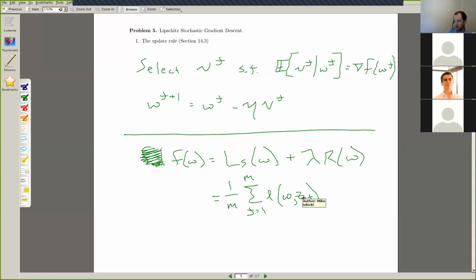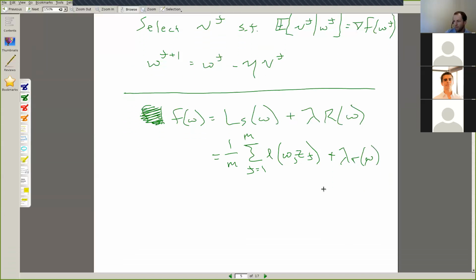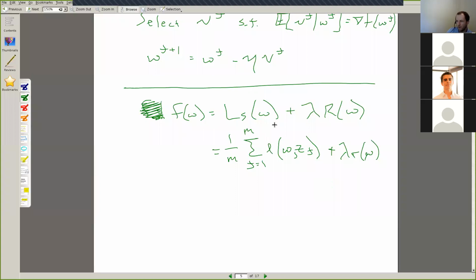The z's here are our data points. This w, again, is the same w up here, plus lambda r of w. And so all I've done is substitute the definition for the training loss right here.